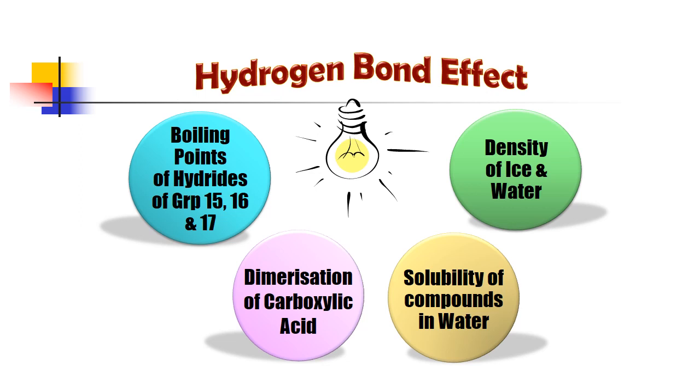This slide shows the effect of hydrogen bonding. There are 4 effects. The first, the effect on the boiling points of hydrides of group 15, 16, and 17. Second, the density of ice in comparison to water.